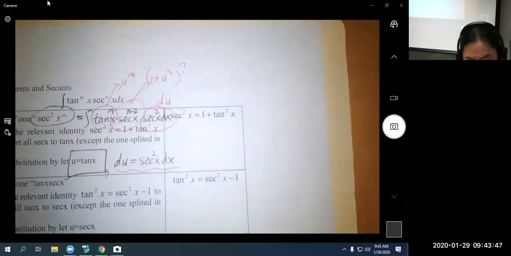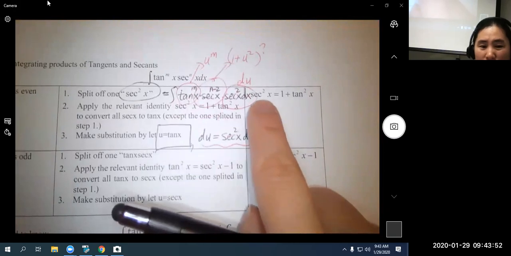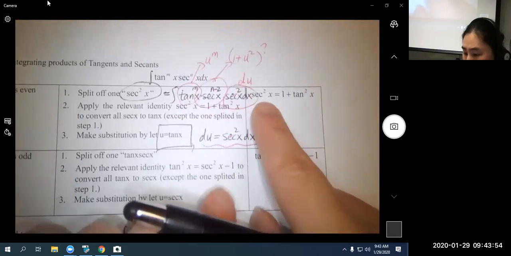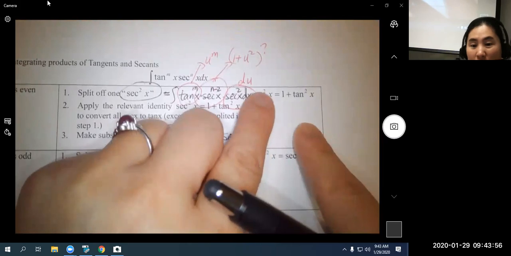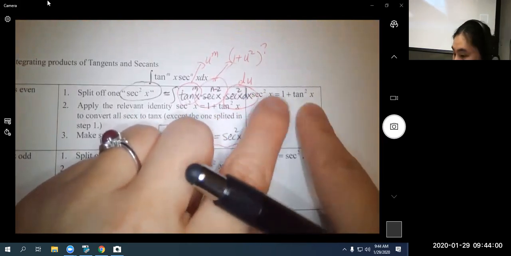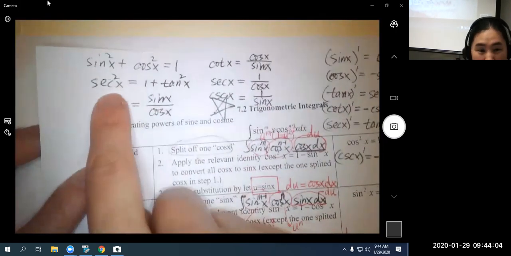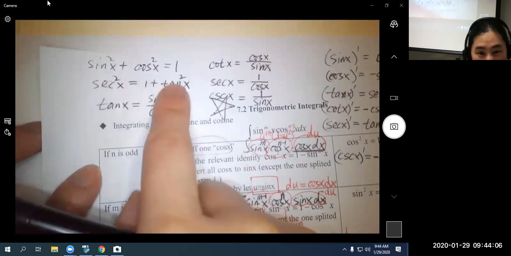And then, for tangent and secant, you also have to know this identity: secant x squared equals 1 plus tangent x squared. We talked about the relationship between secant x and tangent x last time.